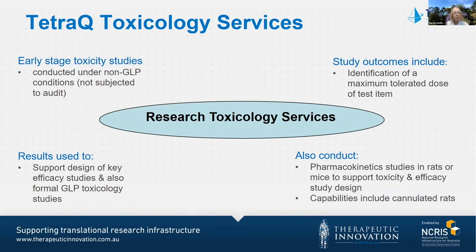The results are used to support the design of key efficacy studies, as well as formal GLP toxicology studies. And also pharmacokinetic studies in rats and mice are used to support toxicity and efficacy study design, and capabilities include conducting studies in cannulated rats.